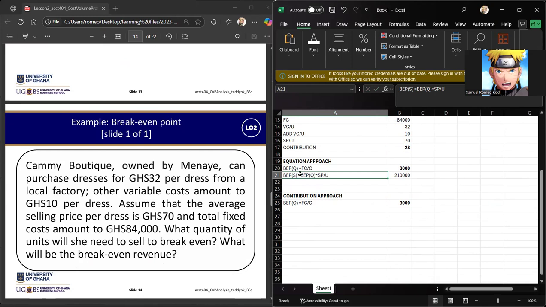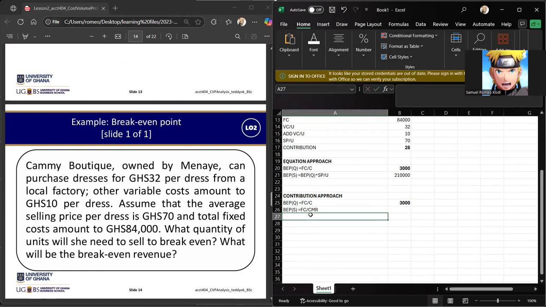But our BEP in sales equals fixed cost divided by contribution margin ratio.